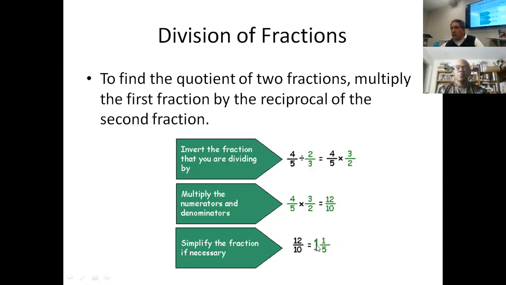So I change it into a mixed number. 10 goes to 12 one time, and then the remainder is 2, so I have 2/10. Simplify: 2 divided by 2 is 1, 10 divided by 2 is 5, so it would be 1 1/5. Do you follow me, or do I need to show it to you? How many times does 10 go to 12?